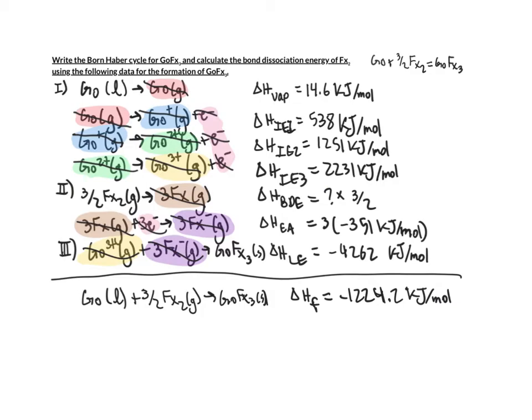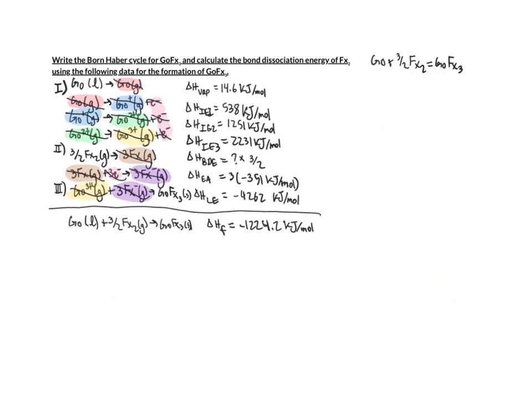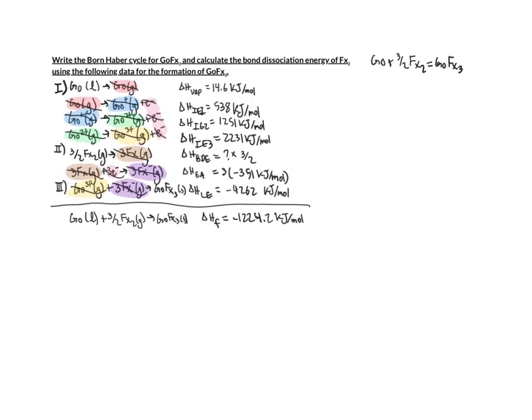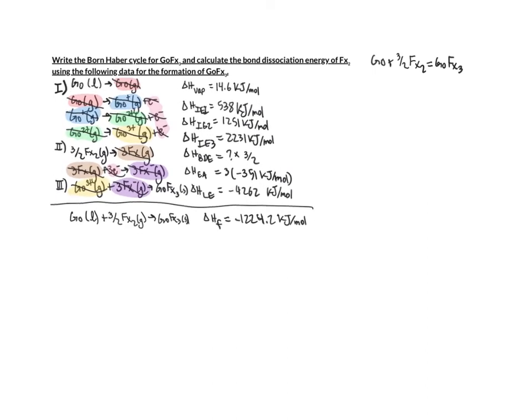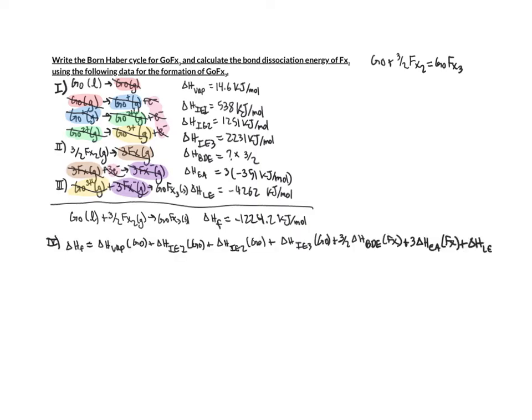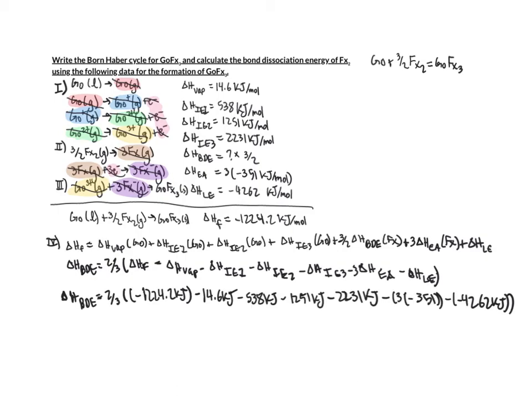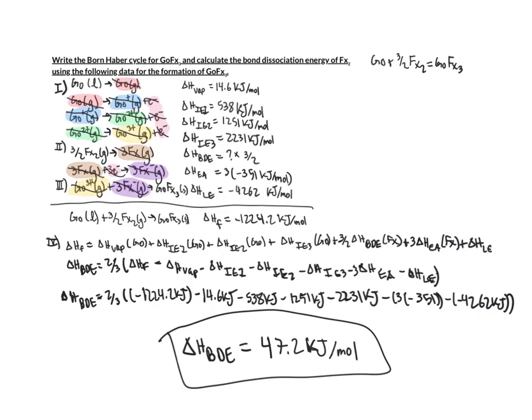So now we're going to make a formula for the enthalpy of bond dissociation energy by first writing what the enthalpy of formation equals, and then we will rearrange that to solve for the enthalpy of bond dissociation energy, and then we will plug in all of our numbers, solve using a calculator, and we will get our enthalpy of bond dissociation energy equals positive 47.2 kilojoules per mole.